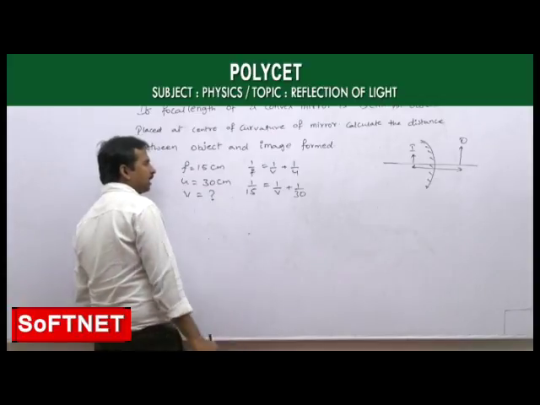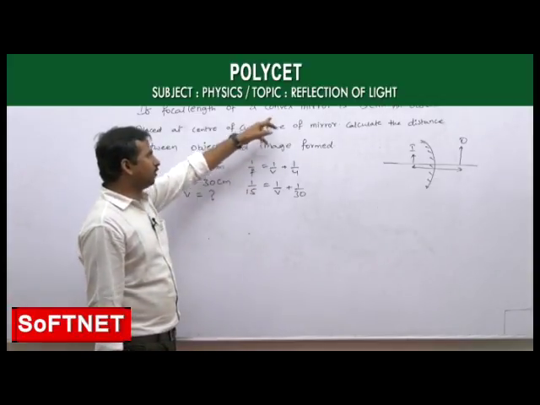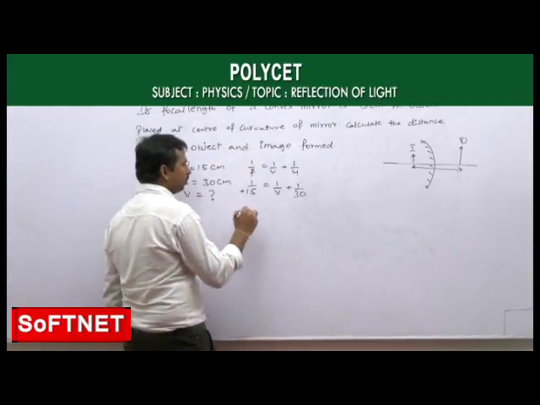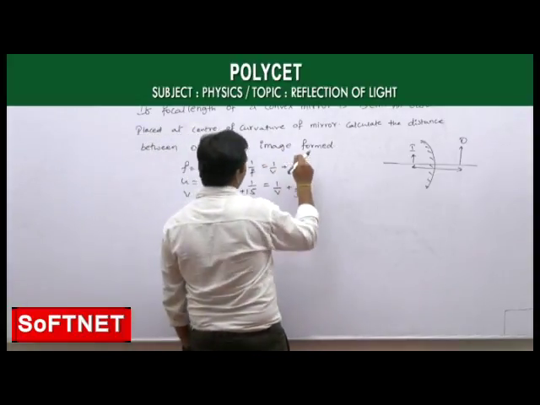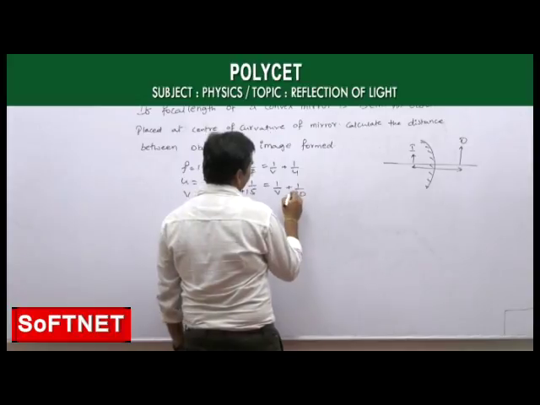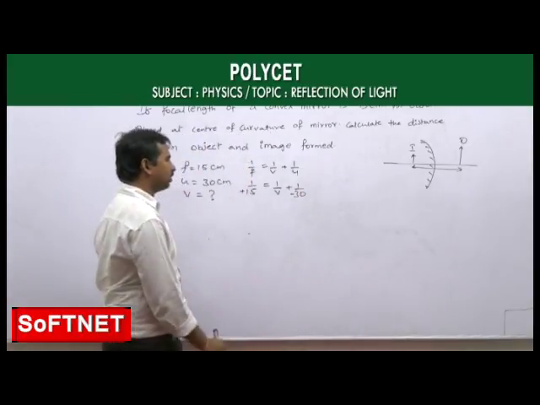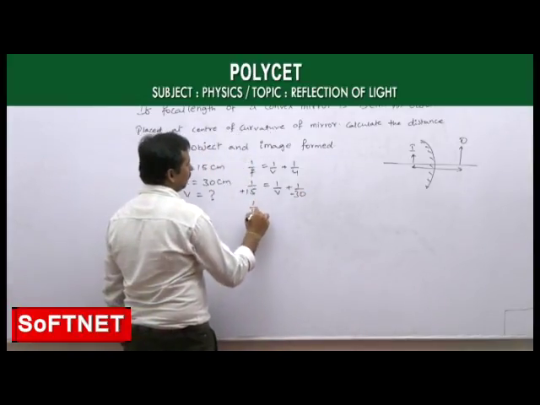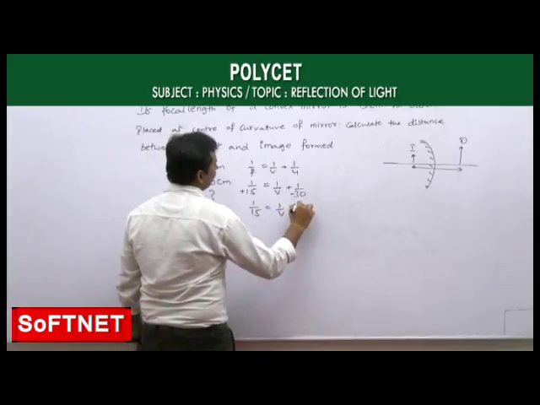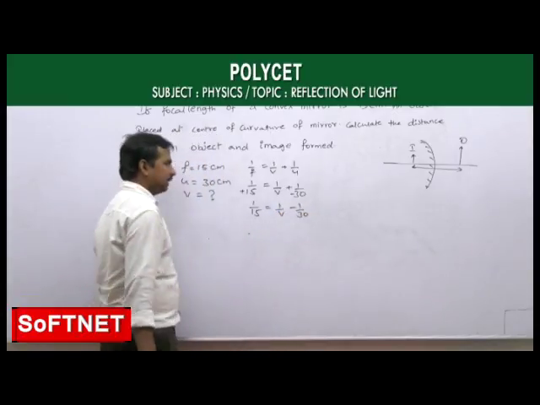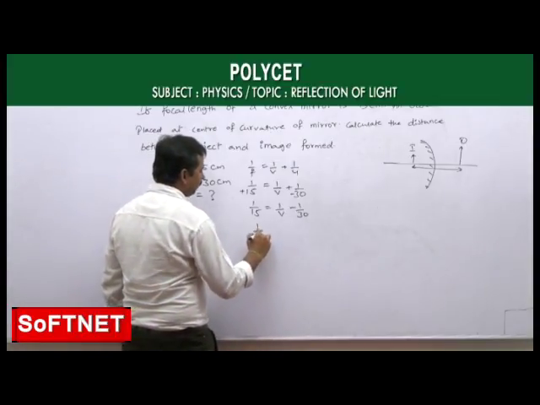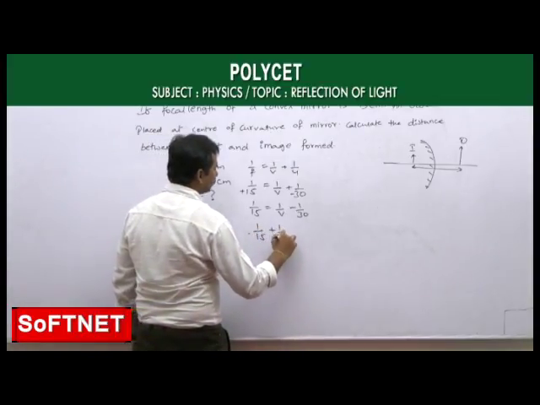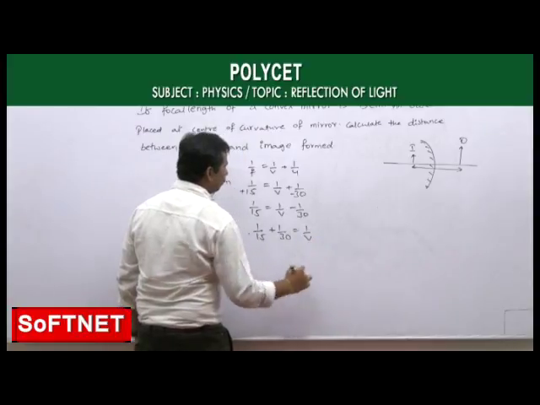Then if you apply the sign convention, the focal length for a convex mirror is positive, and the object distance, given as 30, has a negative sign convention. Then 1 by 15 is equal to 1 by v minus 1 by 30. If you bring that minus to this side, then 1 by 15 plus 1 by 30 is equal to 1 by v.